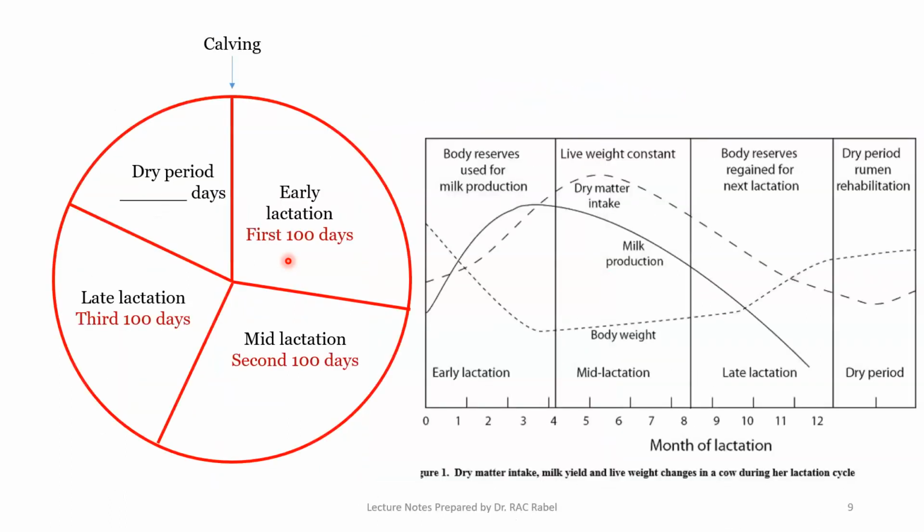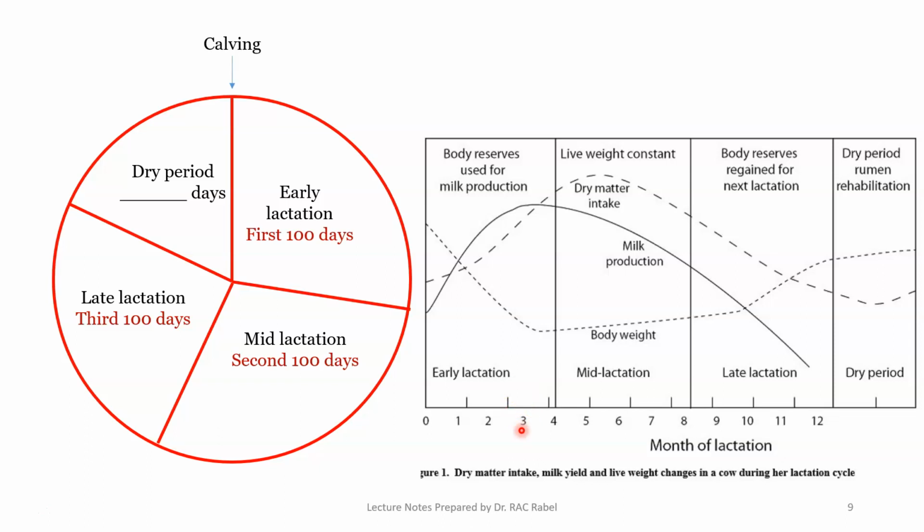Okay, so like this curve showed, peak lactation takes place during this first phase, which we call early lactation, or the first 100 days. But you'll notice that under different farming systems, with different management systems, different breeds and different climatic conditions, the peak lactation can change from place to place, from farm to farm, from breed to breed.